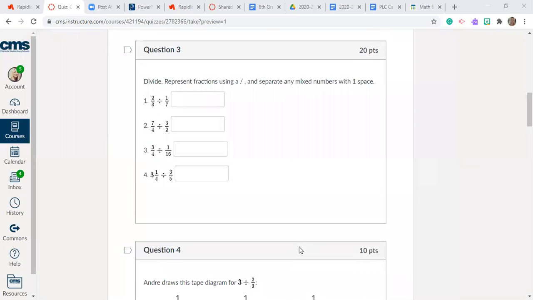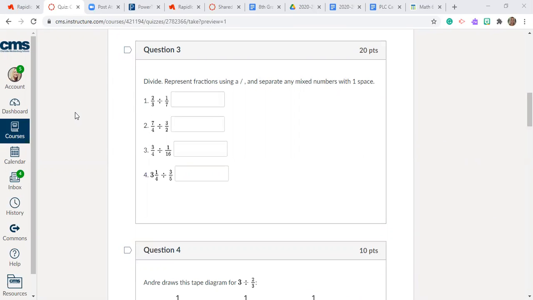Question number 3. Divide. Represent fractions using a slash and separate any mixed numbers with 1 space. So in your notebook right now, I want you to write out these problems 1 through 4. So we have 2/3 divided by 1/7 for number 1.